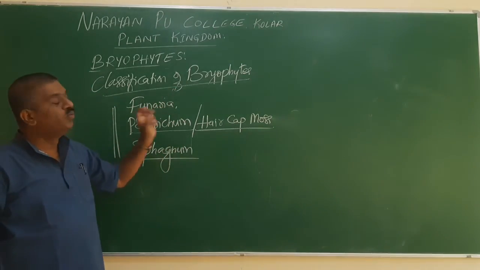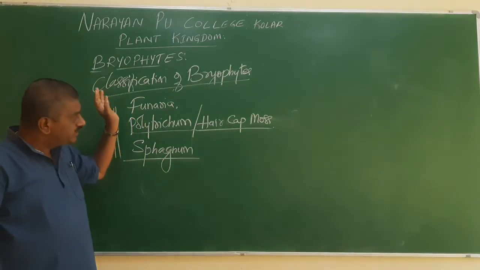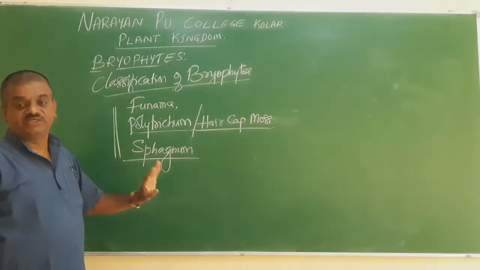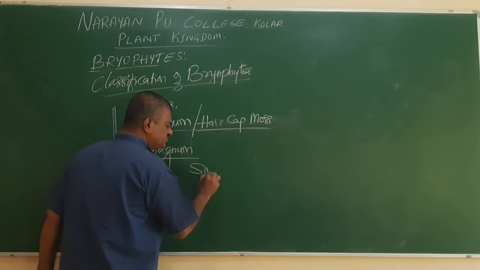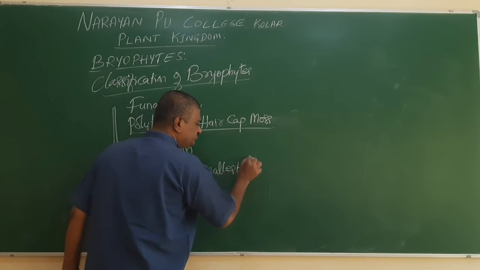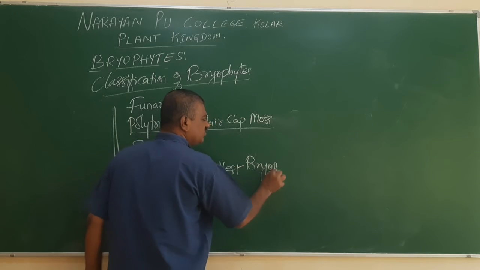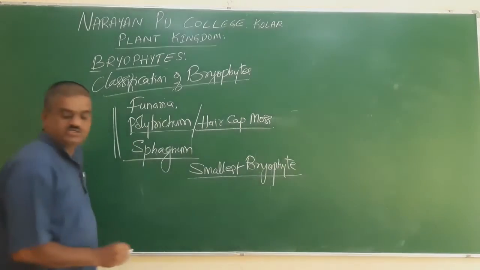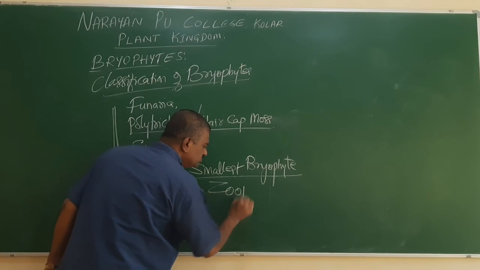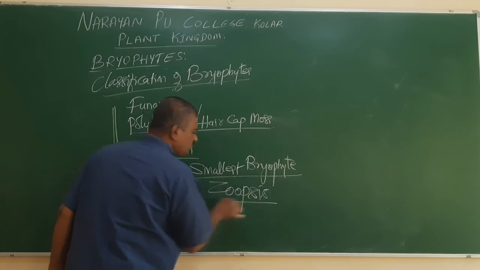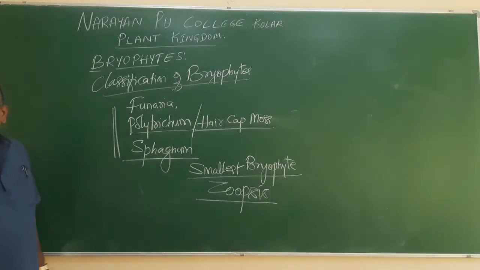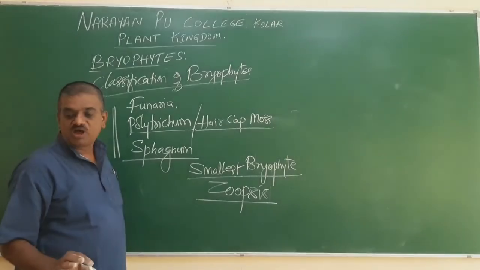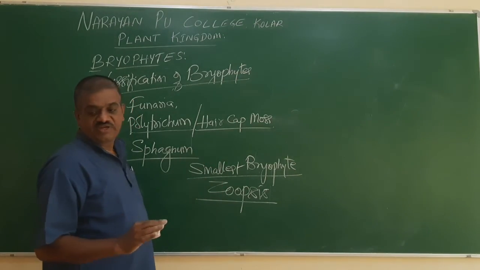Now I am giving you one or two words about some important terms. The smallest bryophyte is called Zoopsis. Zoopsis is called the smallest bryophyte.